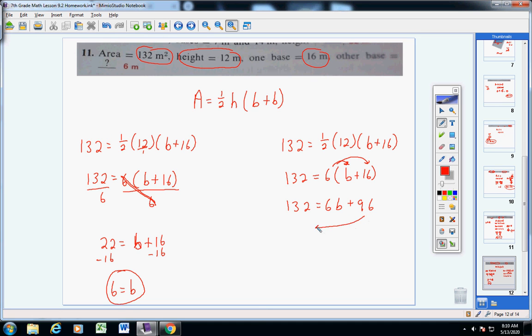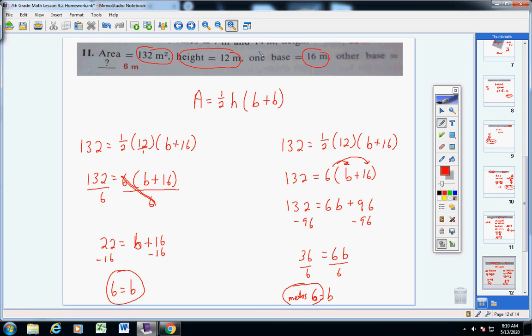Bring your 96 over, make it a negative 96, or if some of you like to do it another way where you subtract 96 from both sides, that's fine. I don't care, either way is fine. And we're left with 6b, then divide both sides by 6, and your base will be 6 meters.